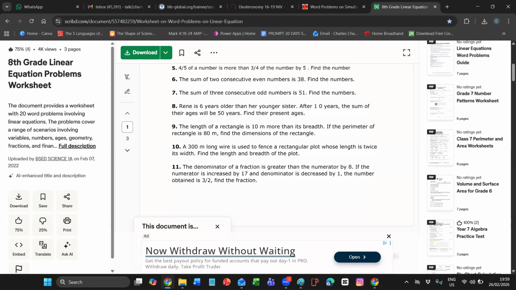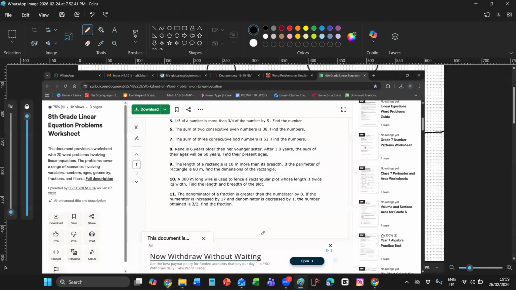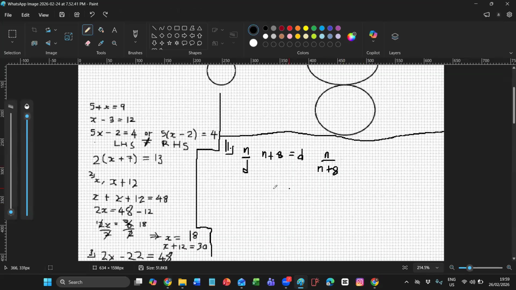If the numerator now is increased by 17, see that? So we're increasing the numerator by 17 and the denominator is increased by 1. So now the numerator is increased by 17, so we're adding 17, n plus 17.